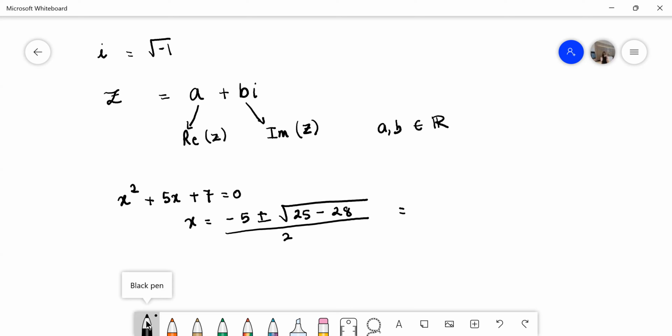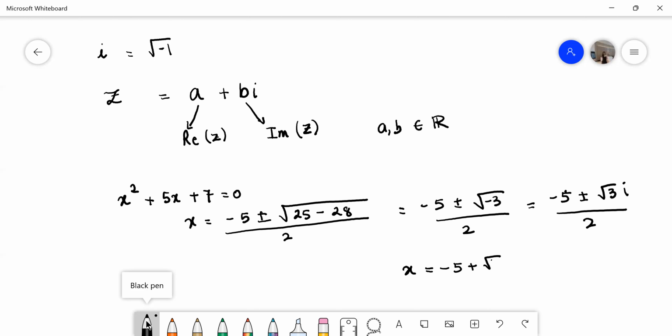And what we get here is minus 5 plus or minus the square root of -3, over 2. This is essentially minus 5 plus or minus root 3 i, because i is the square root of -1, divided by 2. So what we see here is we have got two roots and both of them are complex: minus 5 plus root 3 i divided by 2, and minus 5 minus root 3 i over 2.